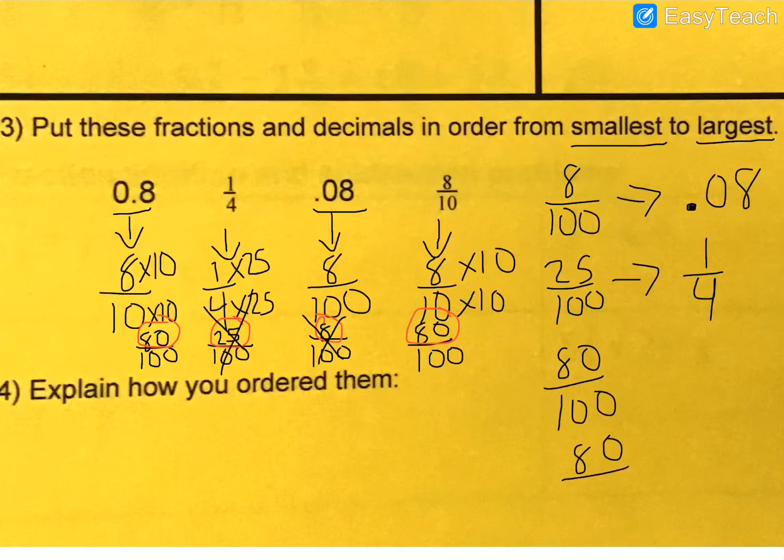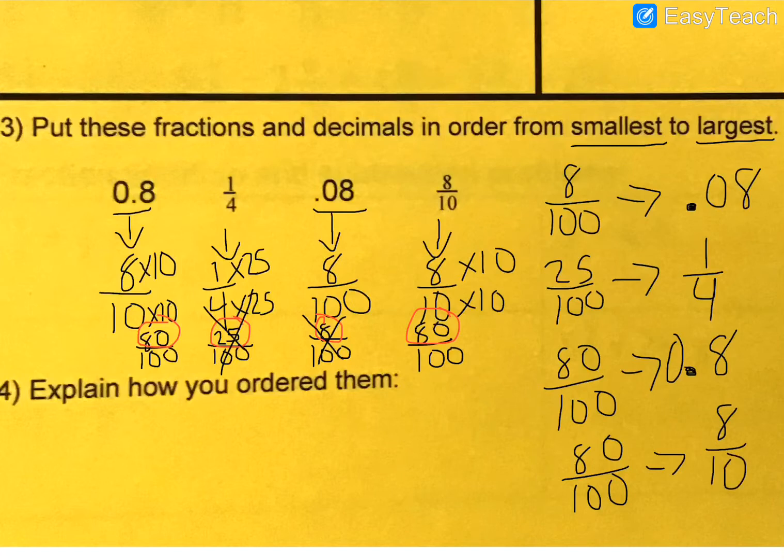The first 80/100ths was written as 8/10. Remember, 8/10 is equivalent to 80/100ths. We'll say 0 and 8/10. And then the last 80/100ths was written as 8/10 as well. All right, so here's your answer in order from smallest to largest, or least to greatest.